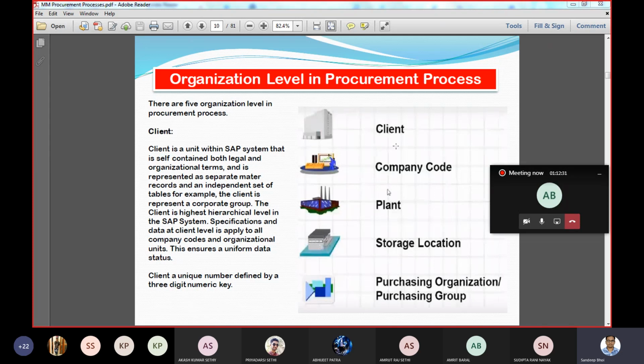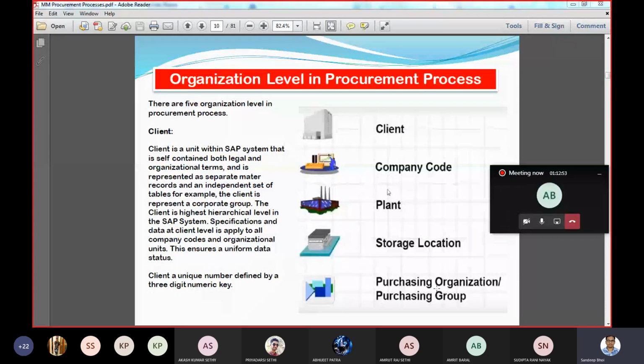So under a single client, you have different companies, and under one company you have different plants. Under one plant you have different storage locations.